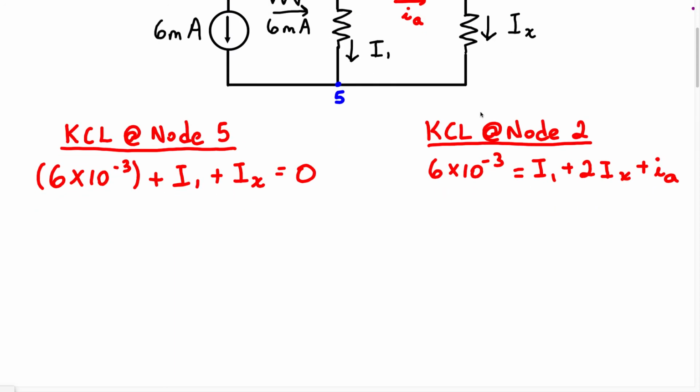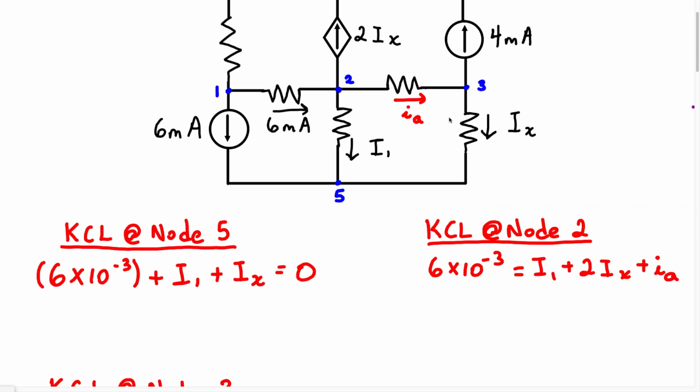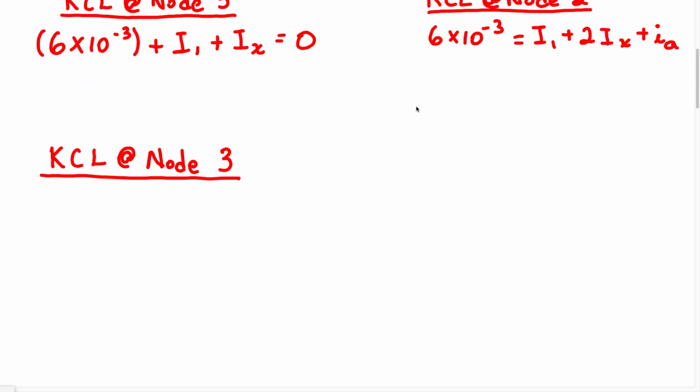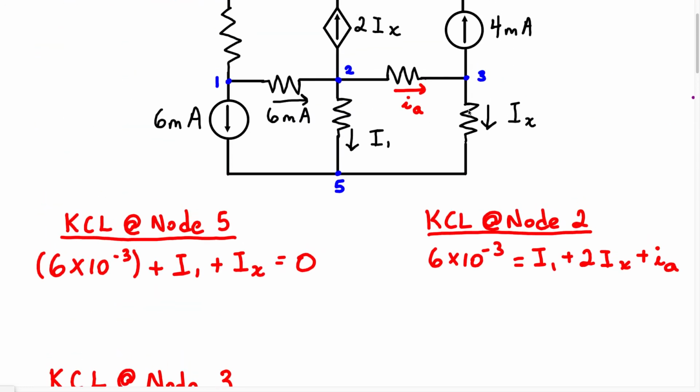So I'm going to come down here. I'm going to say KCL at node 3. The current entering node 3 is just the current IA that we drew. So we have IA equals the current leaving this node, which is going to be IX and then 4 milliamps.